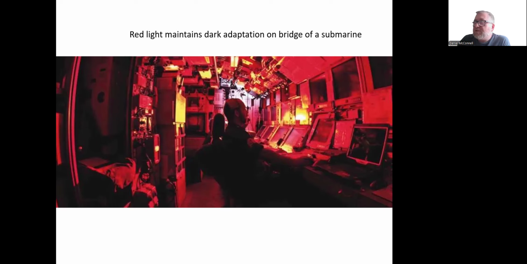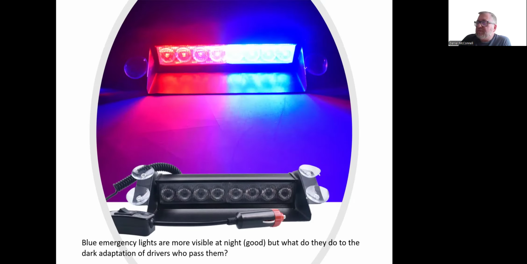So wherever that periscope operator has to do their job has to be illuminated in red light so that we don't damage their degree of dark adaptation here. And of course, the red light is sufficient for all of the other officers on the bridge to be able to function and to do their jobs. So it provides enough illumination for them, but it's primarily for our periscope operator that we are doing this, right?